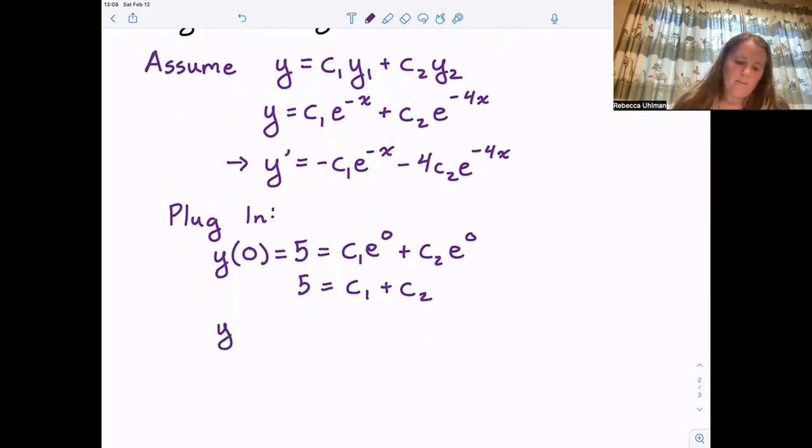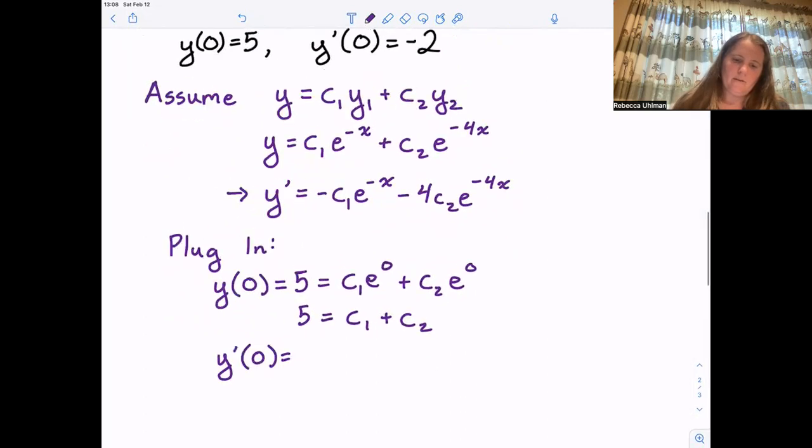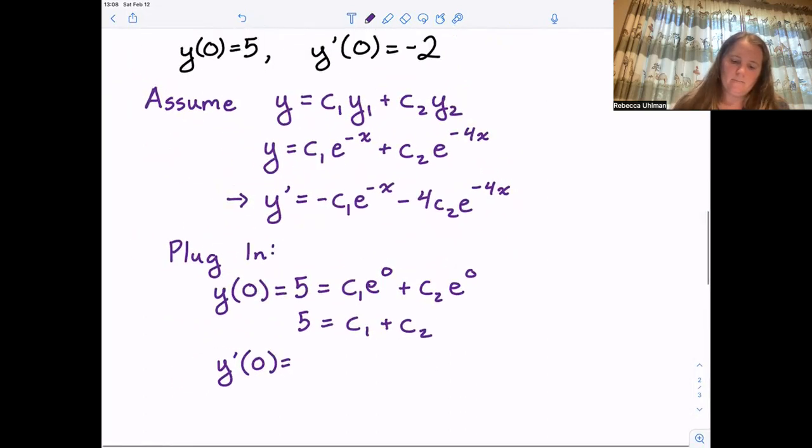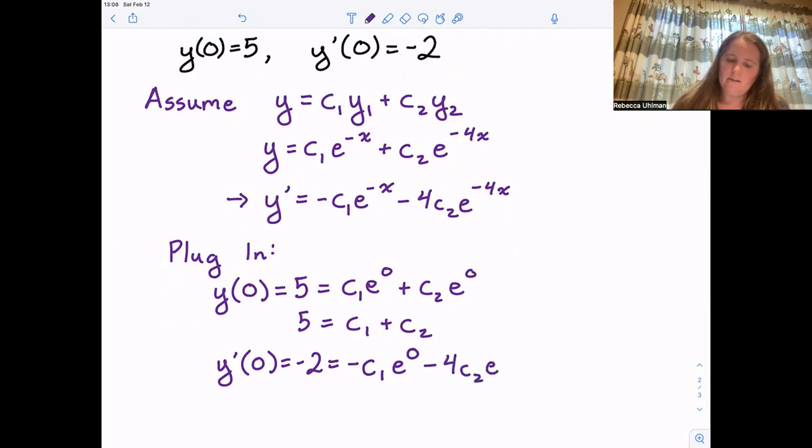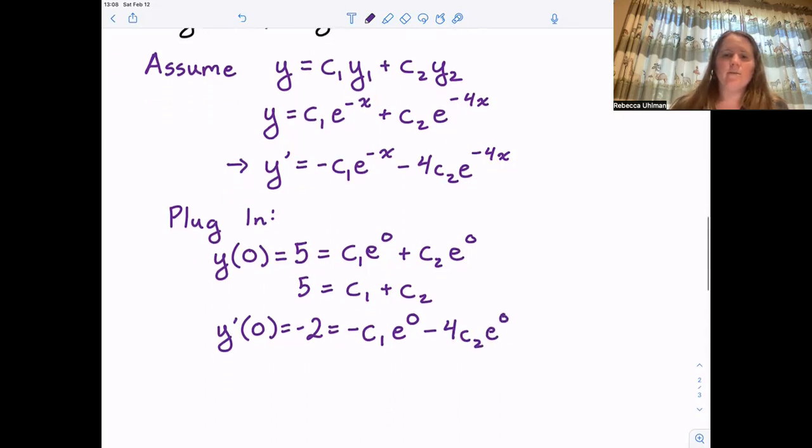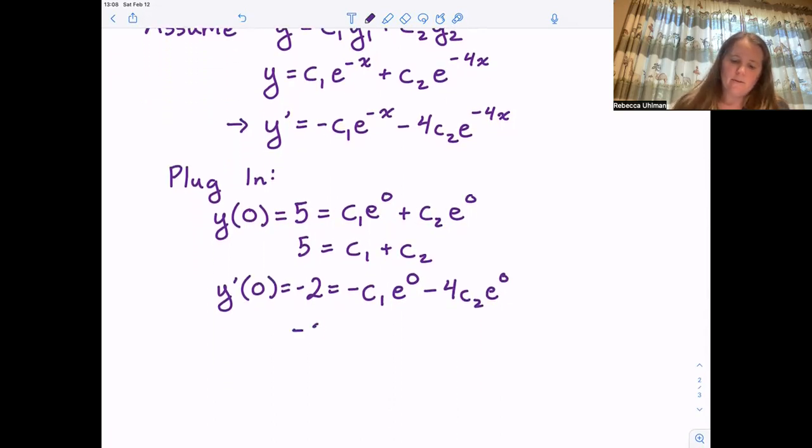Plugging in y prime of 0 equal to -2, we would have -c1 e to the 0th minus 4c2 e to the 0th is equal to -2, or in other words, -2 is equal to -c1 minus 4c2.